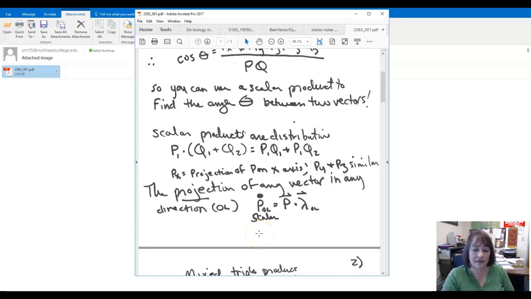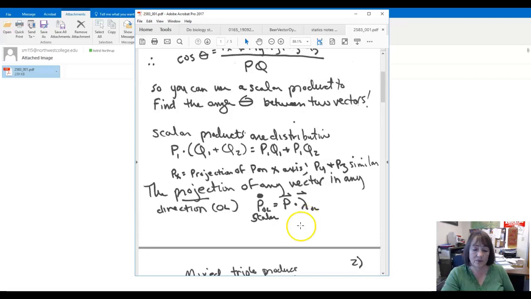So you can find the scalar projection of any vector by taking the vector itself and doing the scalar or dot product with lambda in the direction of the axis.